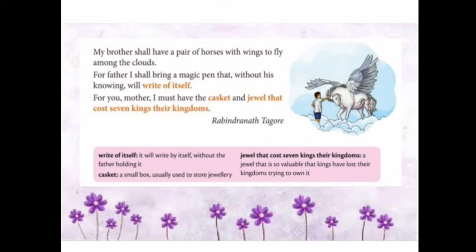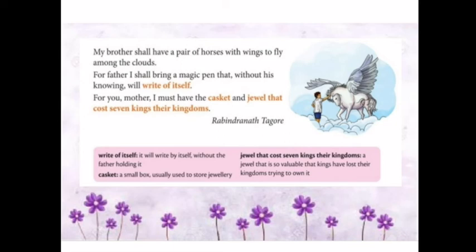In the last stanza, the little boy shifts his focus towards his brother and father. He wants to gift his brother a horse with wings. In the picture you can see that it would help carry him along the clouds. And for his father, he would gift a magic pen that would write on its own.